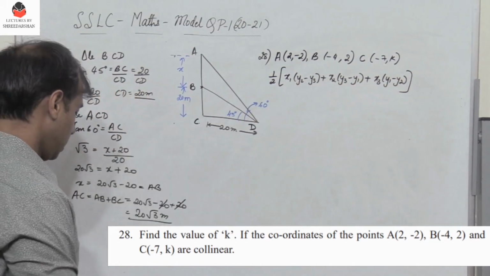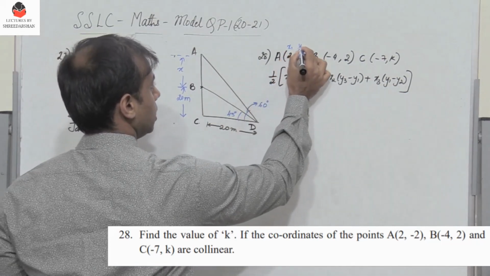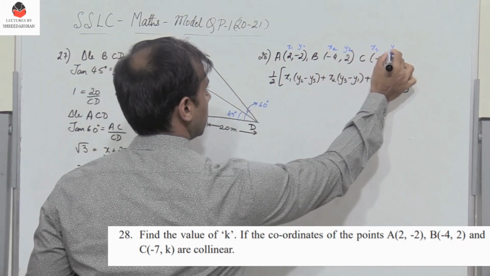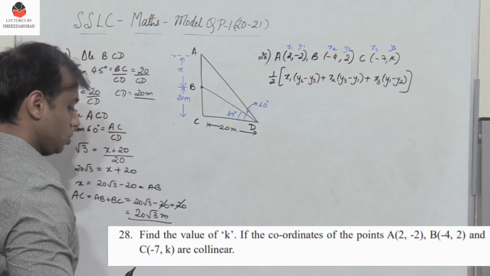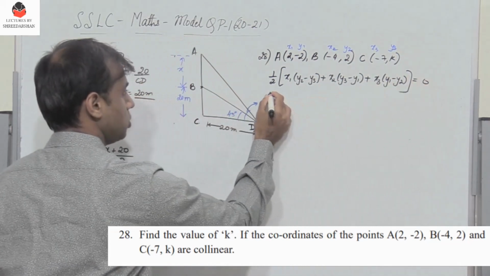Now what are the values of x1? So we know that these are x1, y1, x2, y2 and x3, y3. So this should be equal to 0. So let me substitute the values.